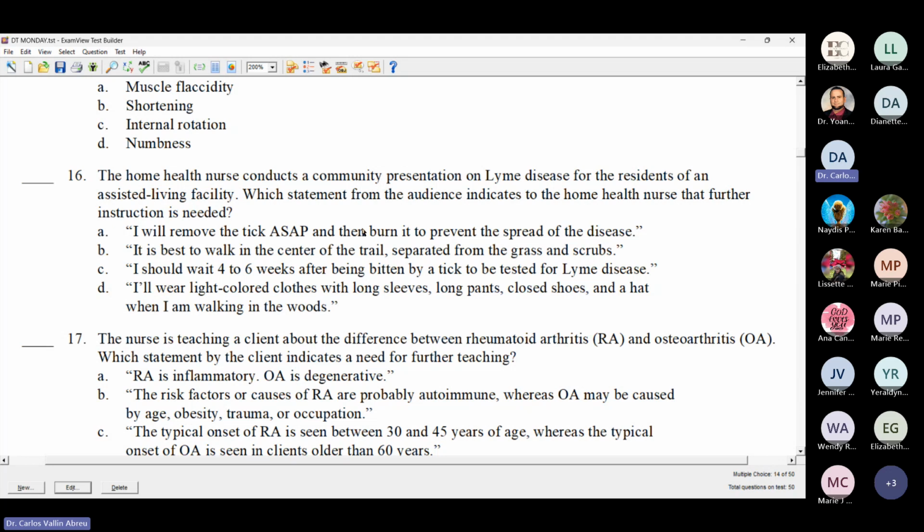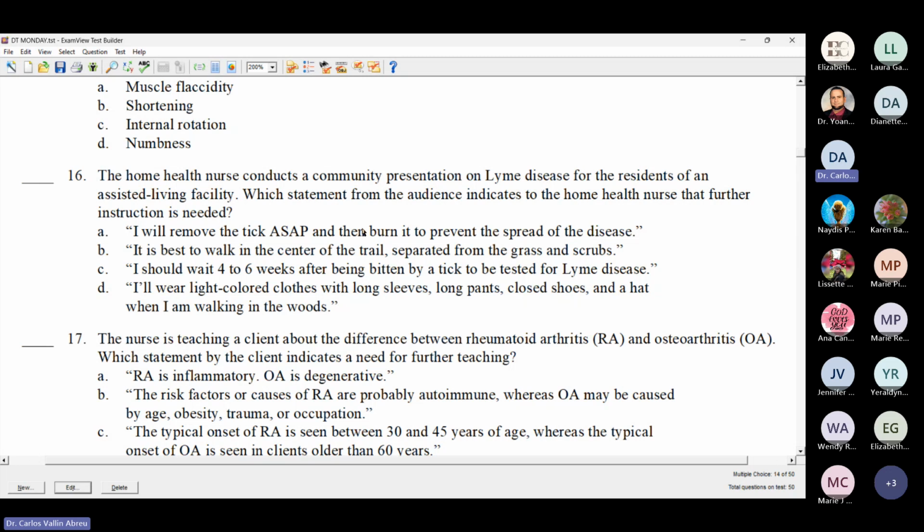And because the production of antibodies takes a while, there is a window period of 4 to 6 weeks to determine the levels of the antibodies. And for that reason, it is true. The test is not done immediately after the client is bitten, or even immediately after the rash, the classical rash, if it appears.